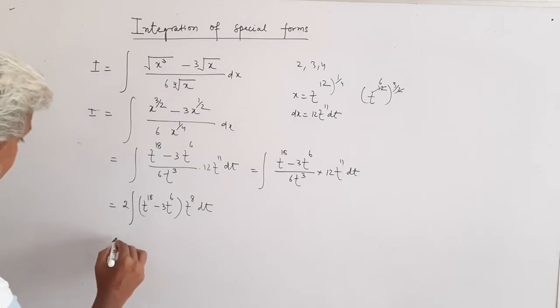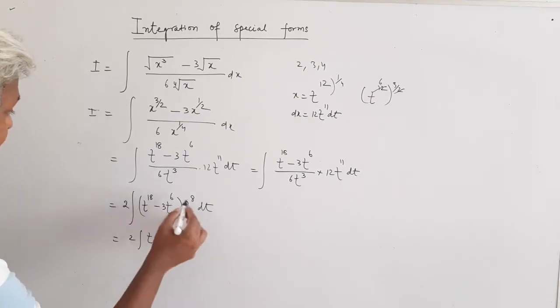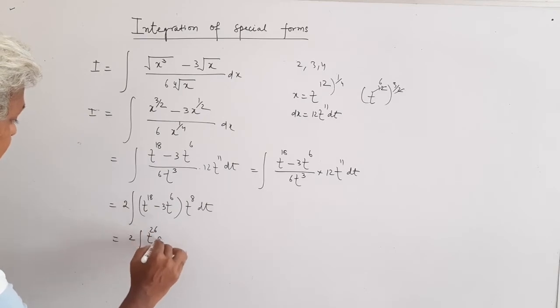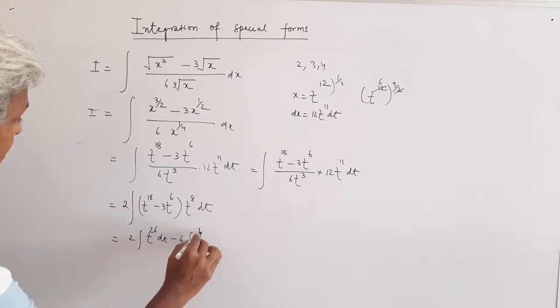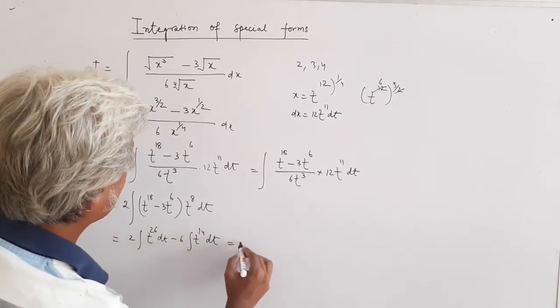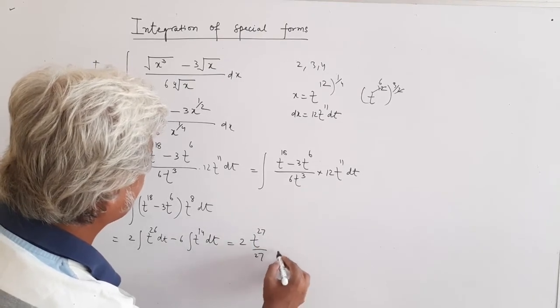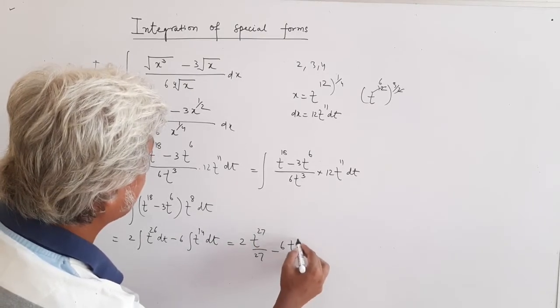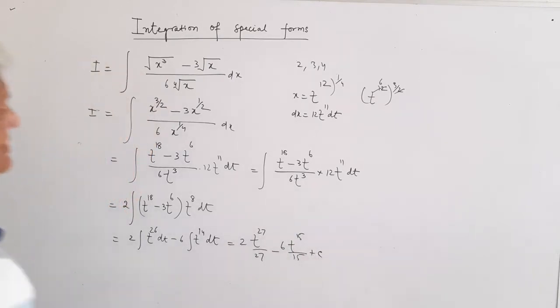So this becomes 2 integration t to the power 18 plus 8, 26 dt, minus 6 t to the power 14 dt, and if you integrate you will get 2 t to the power 27 over 27 minus 6 t to the power 15 over 15 plus c.